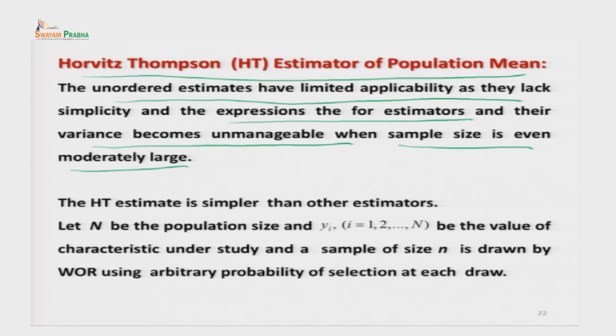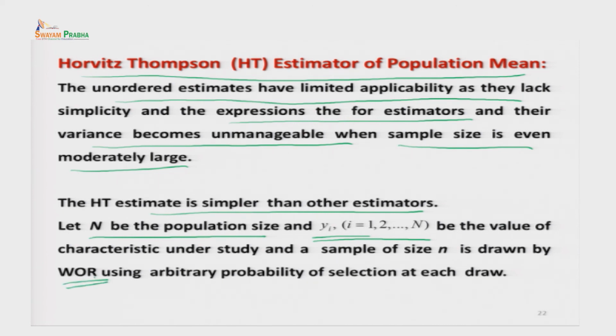and it is simpler than other estimators. Now, in order to understand this estimator, let us first assume that we have a population of size capital N as usual, and we have the units y1, y2, up to yN in the population, and from there we are trying to draw a sample of size small n by varying probability scheme WOR.